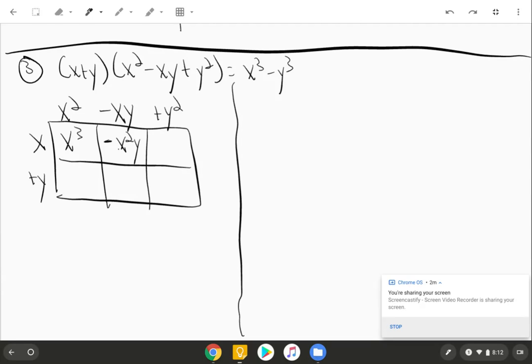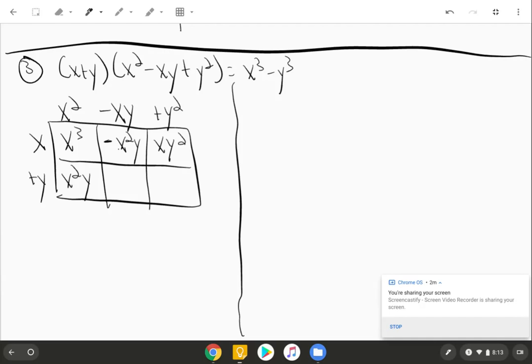This last one in row one is going to be x times y squared. So again, if I put that in alphabetical order, that's going to be x y squared. Okay. So row two, this is going to be x squared times y. So x squared times y. Okay.